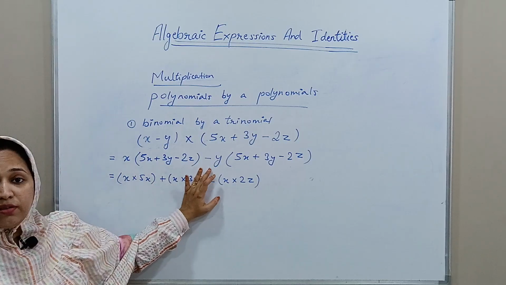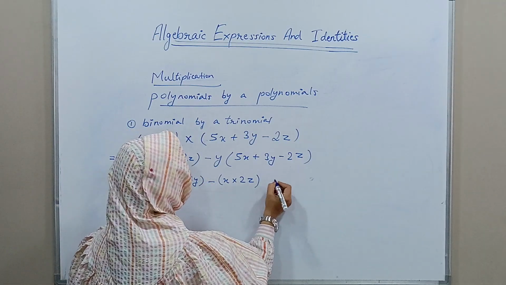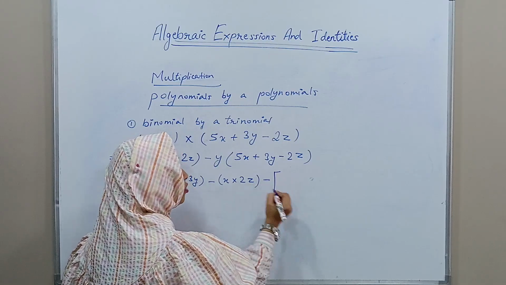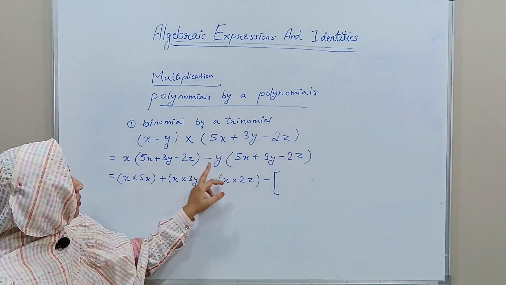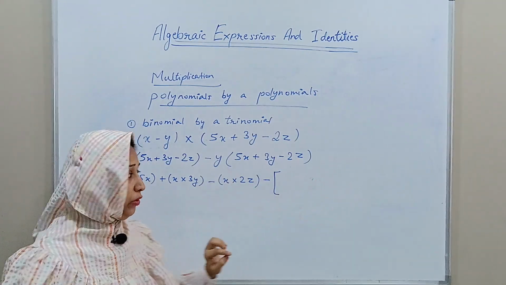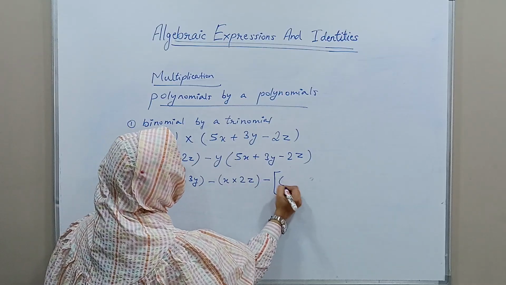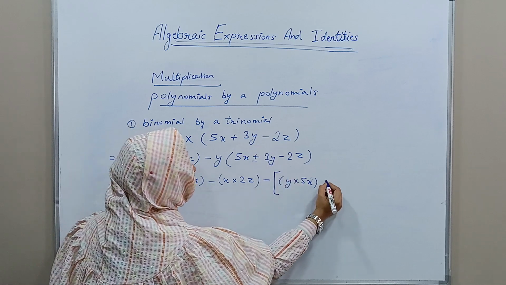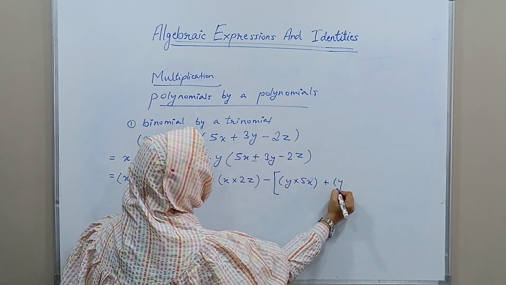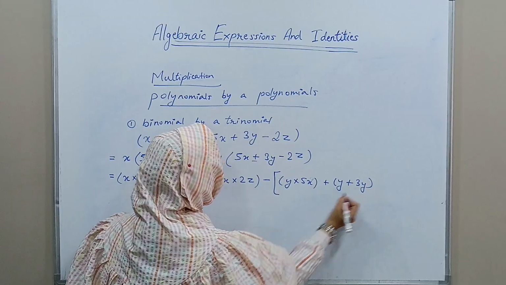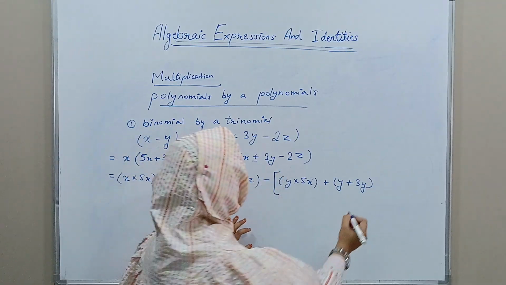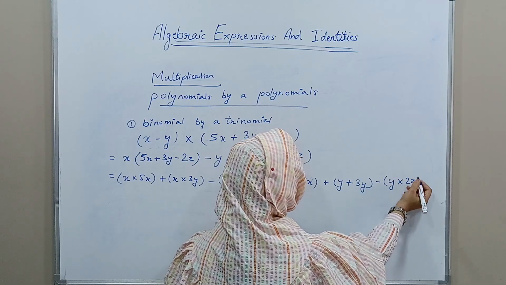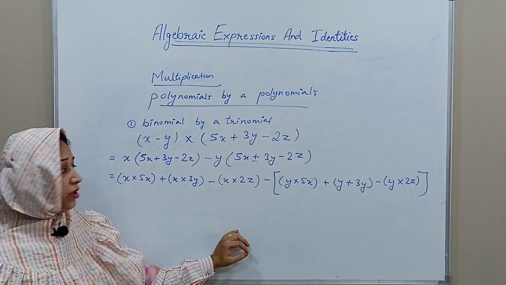Then the second term, that is minus y. So what we can do, put a minus and then take a square bracket, because we have to multiply this minus with all the terms later on. Then y into 5x, then we have a plus sign, so plus y into 3y, and we have a minus sign here, so minus y into 2z, and square bracket close.